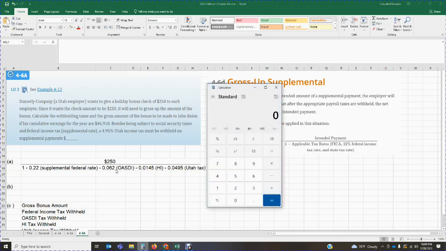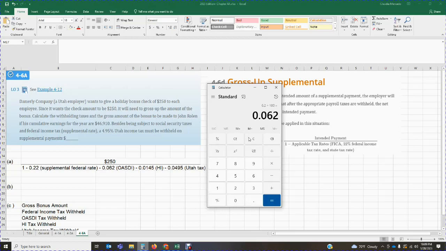If you ask how to convert percentages to decimals: 6.2 divided by 100. You multiply when you want to convert to percentage, and you divide when you want to convert to decimals.